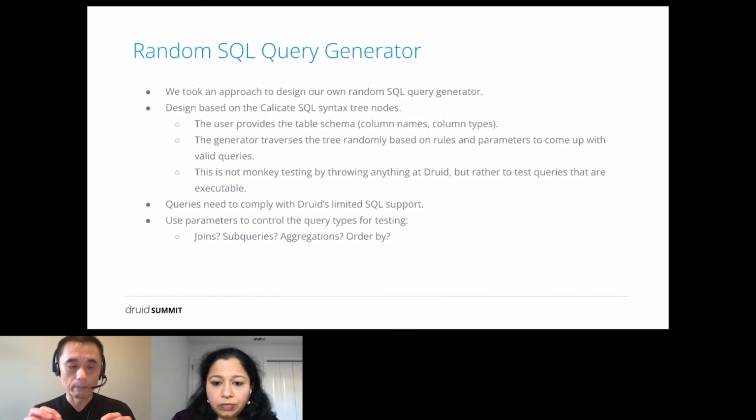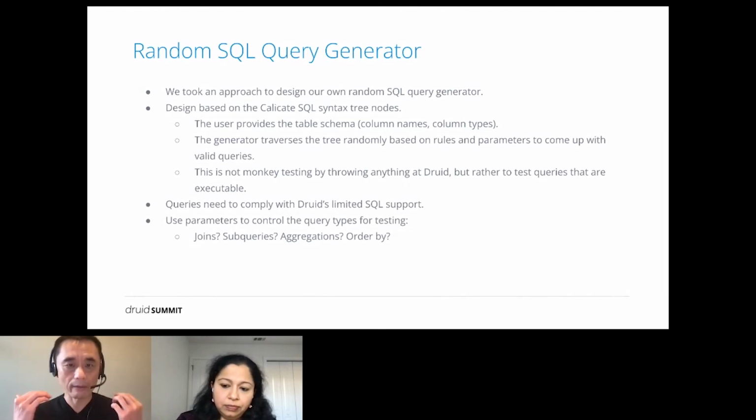One thing I want to emphasize is that this is not monkey testing. We are not interested in throwing all kinds of junk at Druid to see if it stands up. We want to test queries that are executable. The main idea is we want the results back, right?